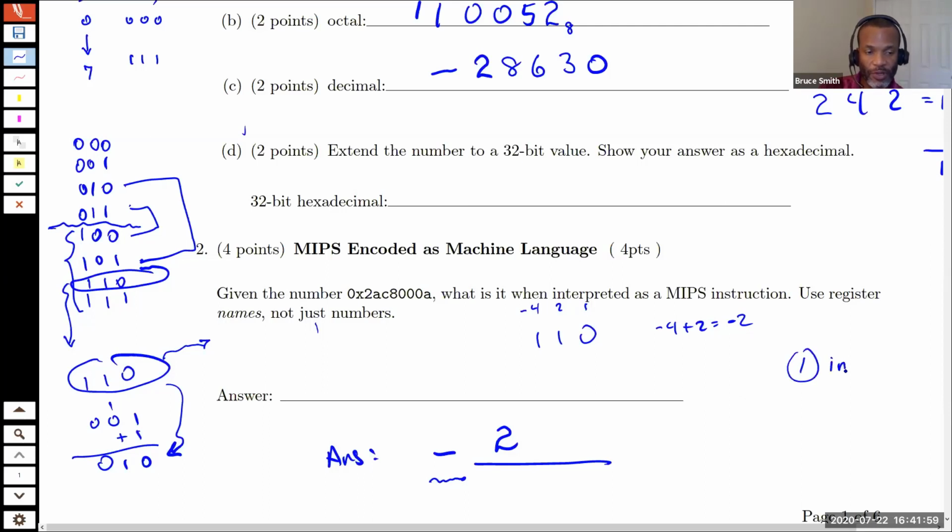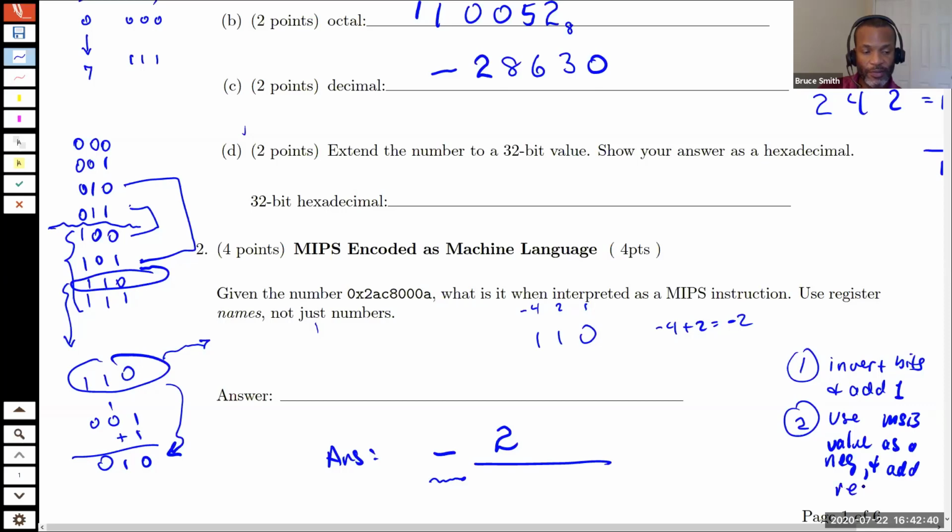So there are these two different ways of turning it into its equivalent. One is invert bits and add 1. And then this other way, use the most significant bit (MSB) value as a negative, and add the rest as positive.